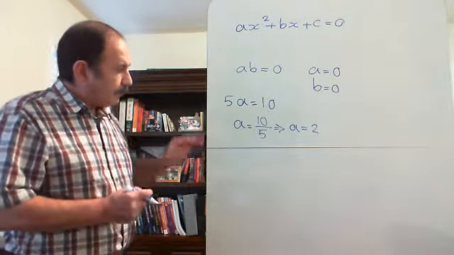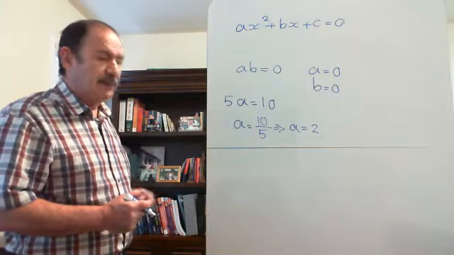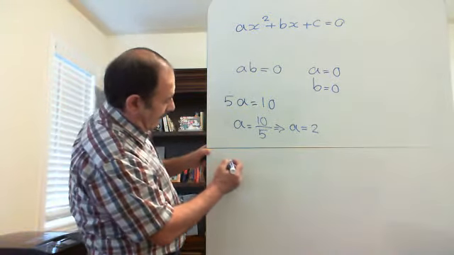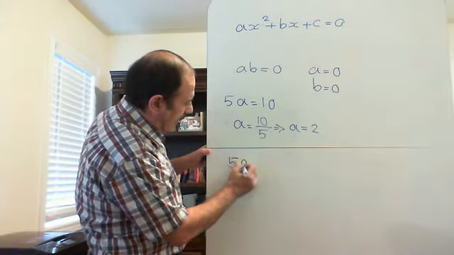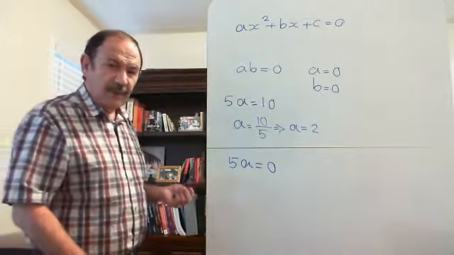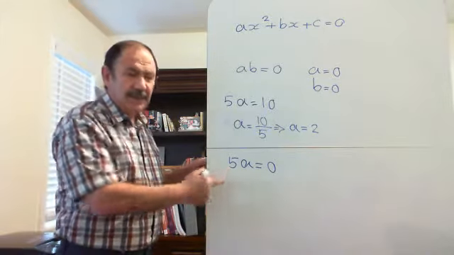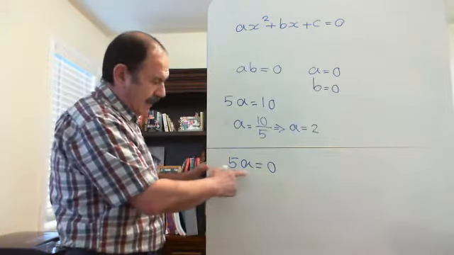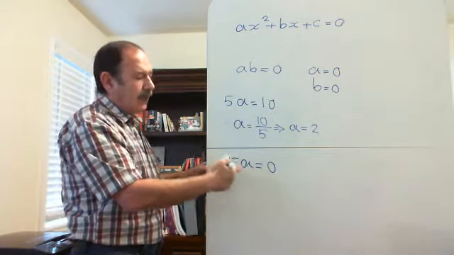Now, having this in mind, if I have as an example 5a is equal to 0, then what's the answer? 5 is not 0. 5 is 5. What is the other possible answer? a must be 0. Again, how?